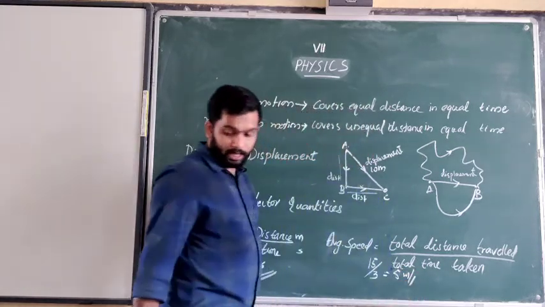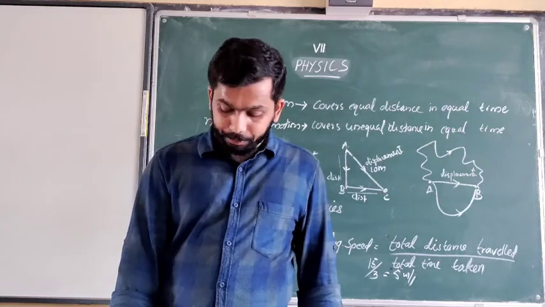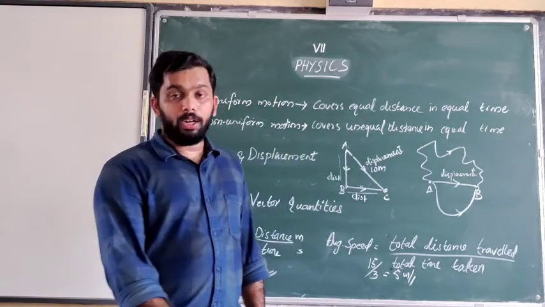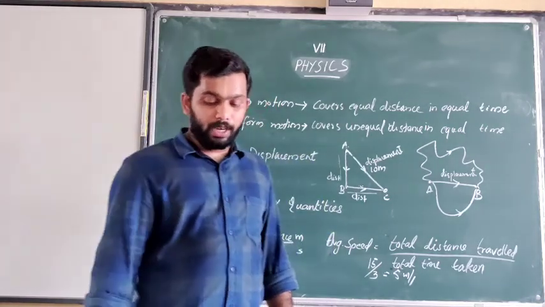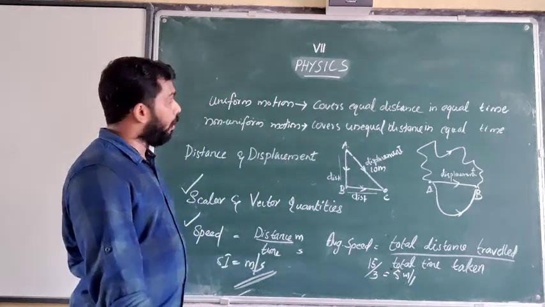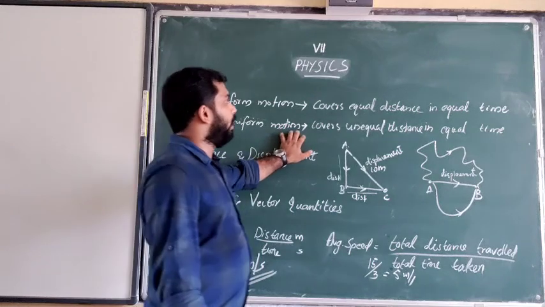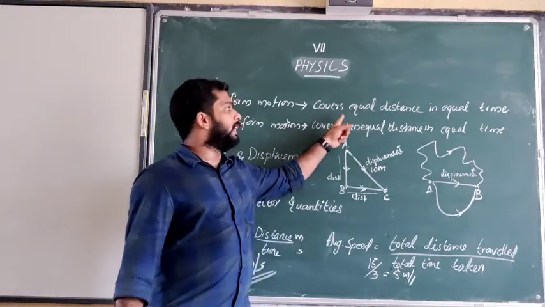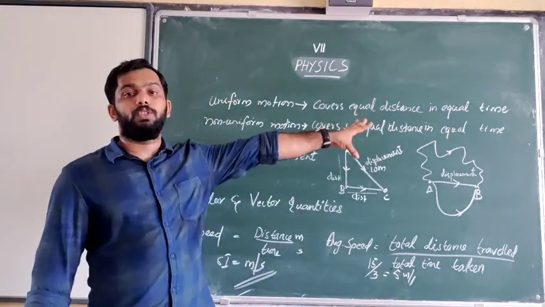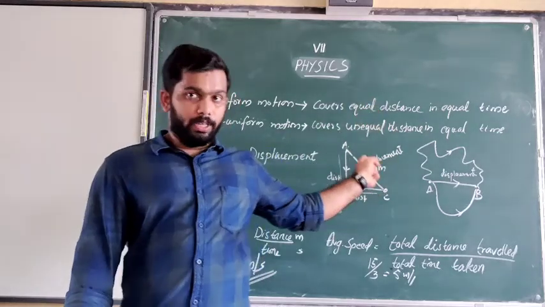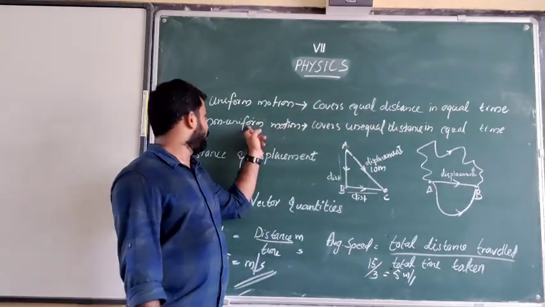Now, this is about today's class. Whatever we have discussed today, we have discussed uniform motion and non-uniform motion. If the moving body covers equal distance in equal intervals of time, it is uniform motion. Unequal distance in equal intervals of time is non-uniform motion.